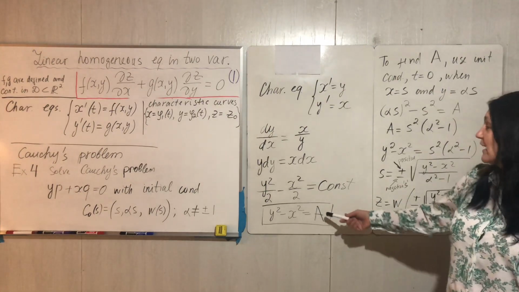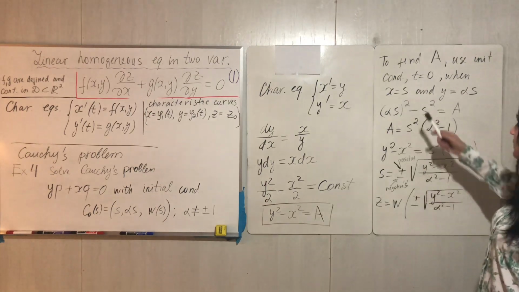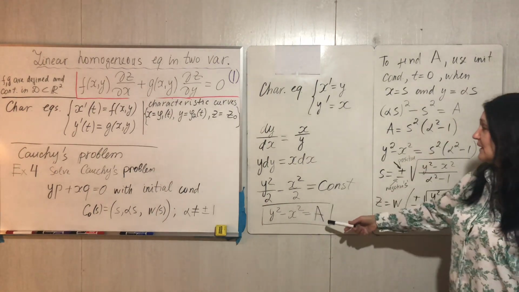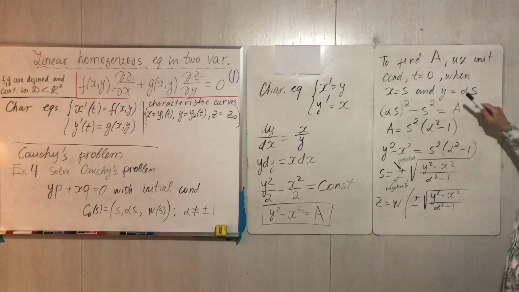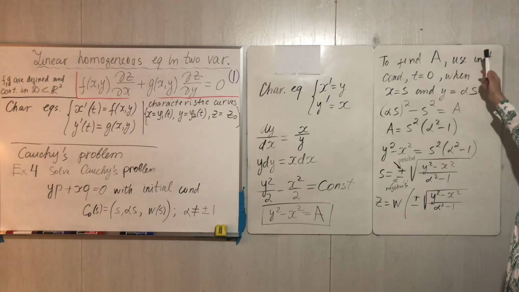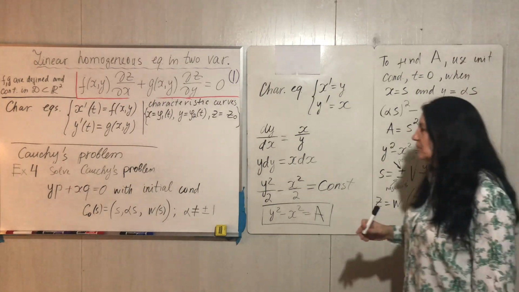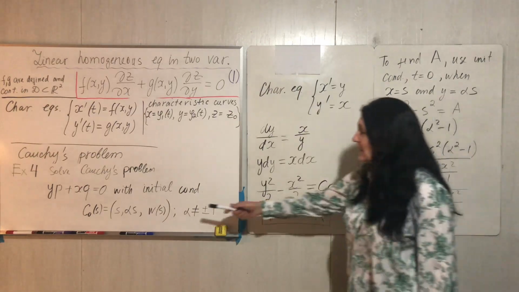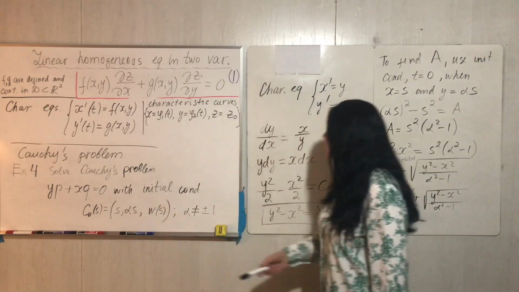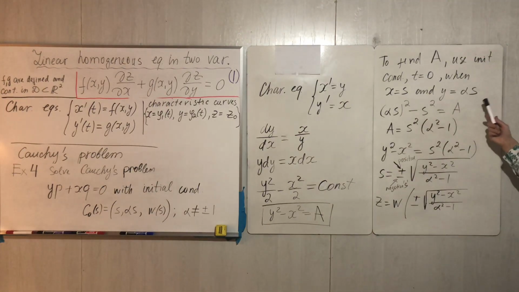So how can we find this arbitrary constant? We will use initial conditions. So we know that in the beginning, when t equals 0, the surface that we're trying to build passes through this curve. So at this moment, x is s and y equals alpha s. Right?